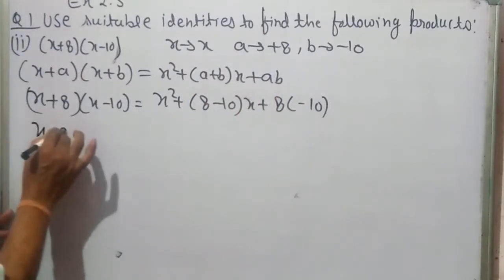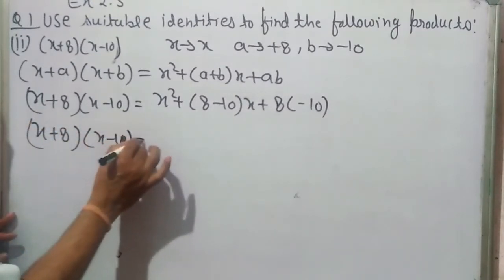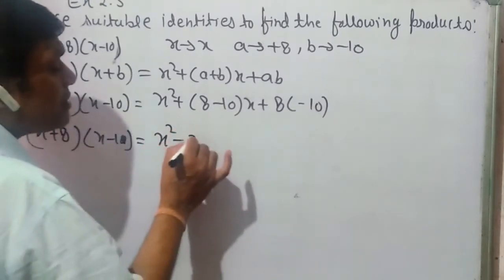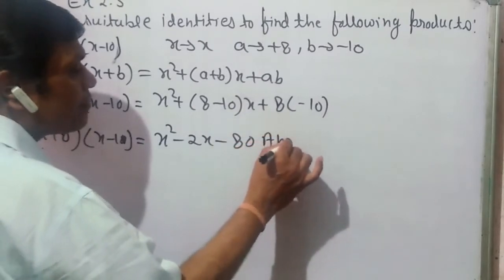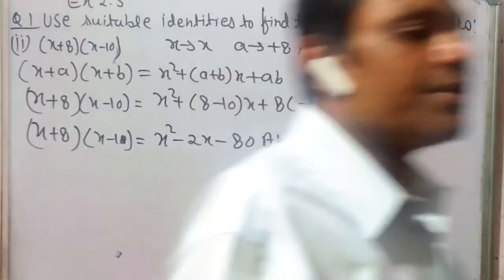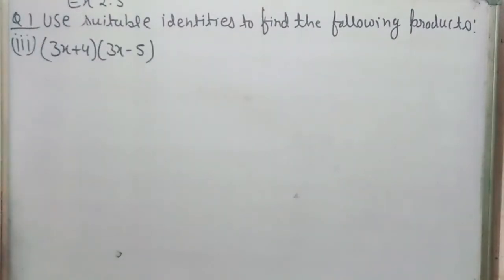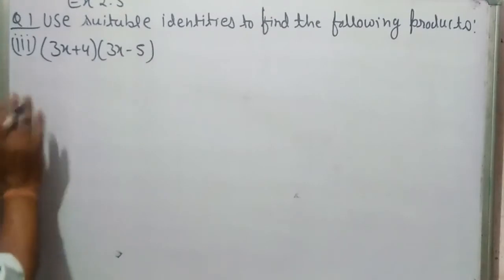So we get the answer as (x + 8)(x − 10) is nothing but x² − 2x − 80, since 8 − 10 is minus 2. So this way we are able to apply the identity by putting the values of a and b with their signs.